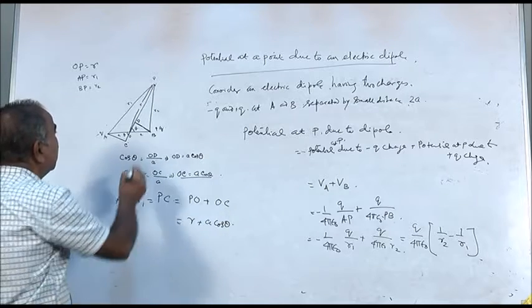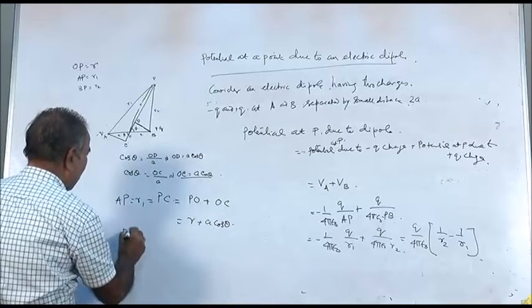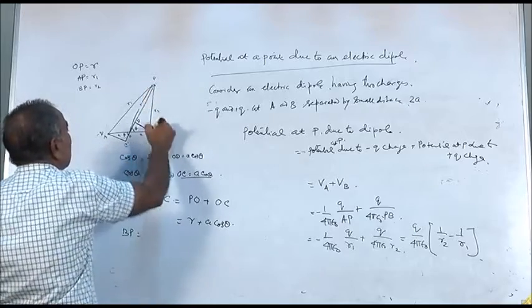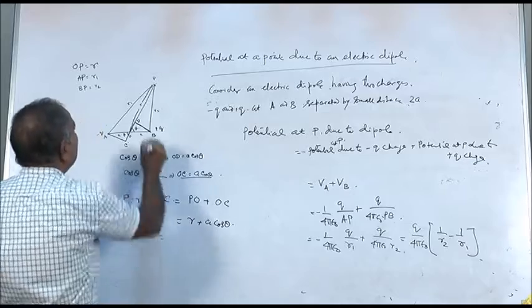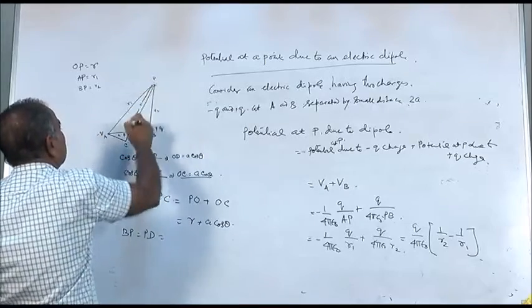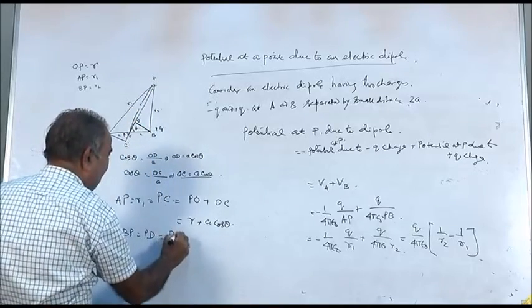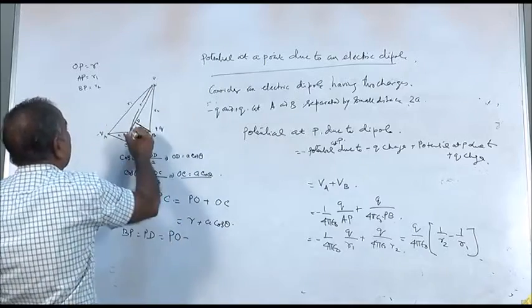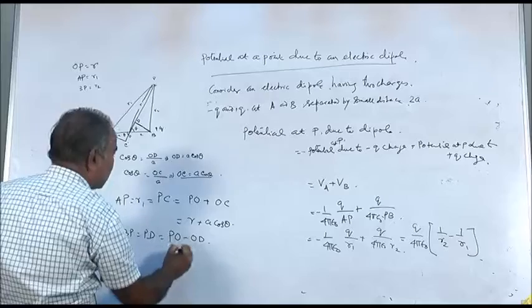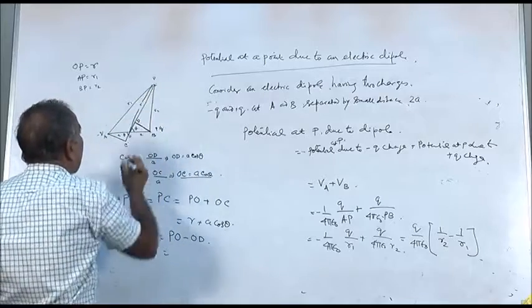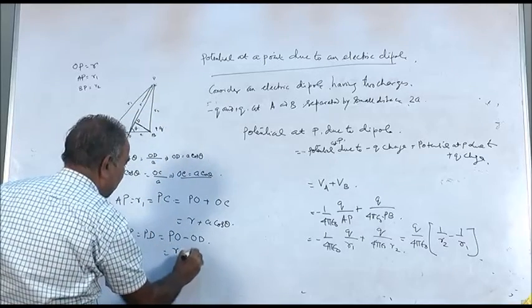Similarly, here BP is also equal to PD. PD is equal to PO minus OD. OD is equal to A cos theta, PO is equal to R. So, this is R minus A cos theta.